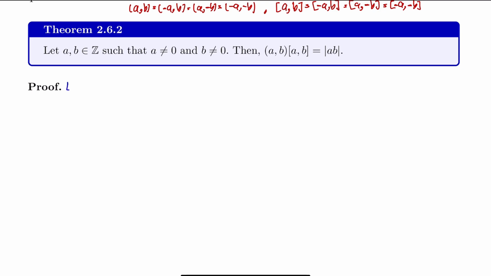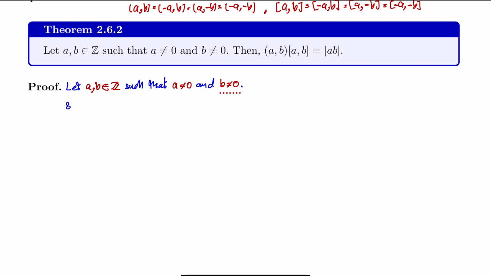The first thing I'm going to do is let a and b be integers such that a is not 0 and b is not 0. I want to have the greatest common divisor and the least common multiple of a and b.